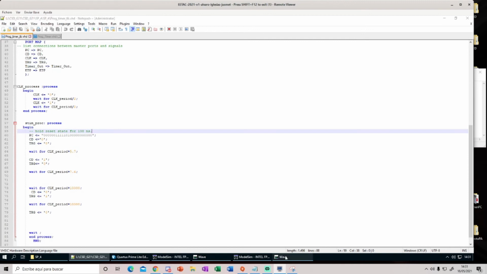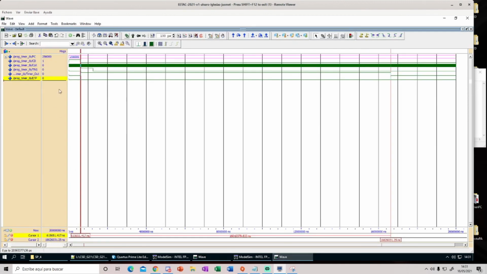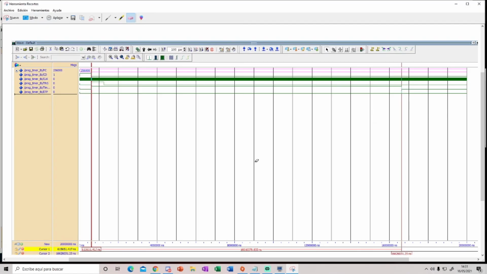And now I want to show the waveform. Okay, as I said, PC is 256,000, and I want to show you that it is correct, because we know that the timer out period is the product of PC and the period of the clock.